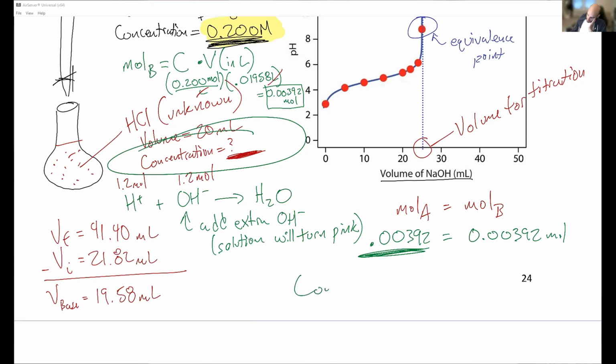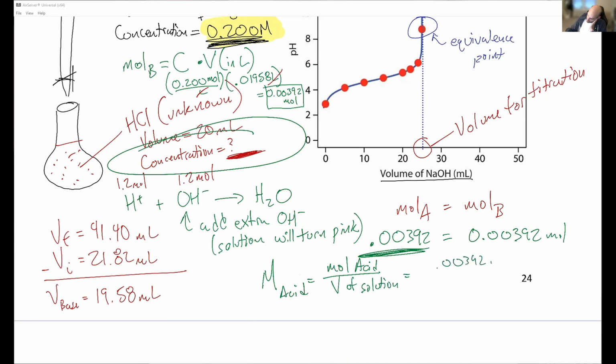Well, I guess what I really should say is molarity, right? Molarity of acid is simply equal to moles of acid over volume of solution in liters.